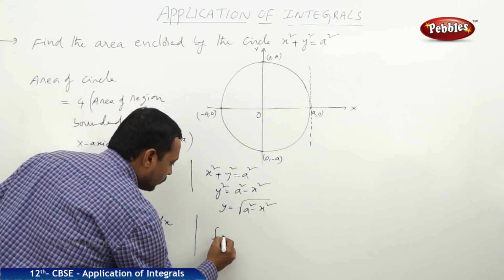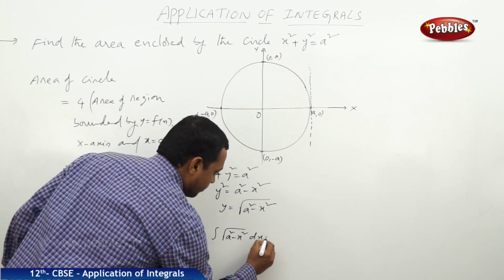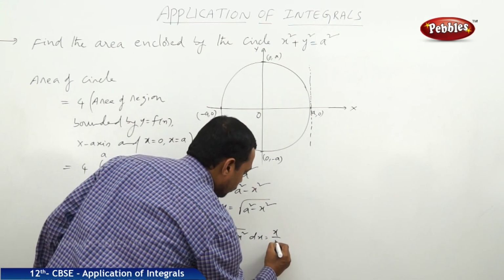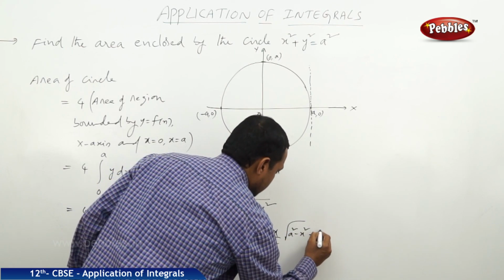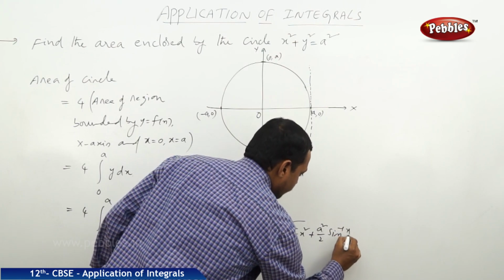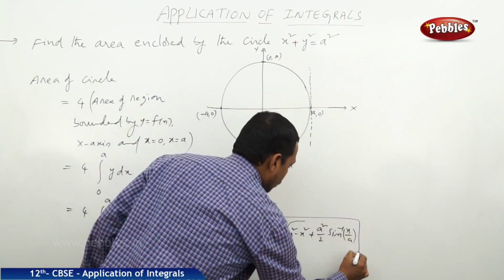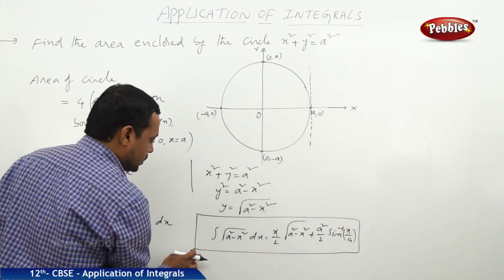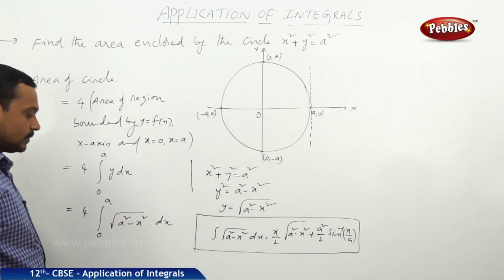The integral of square root of a square minus x square into dx is given by x by 2 into root of a square minus x square plus a square by 2 into sin inverse x by a. You know, this is the integration of this function root a square minus x square.